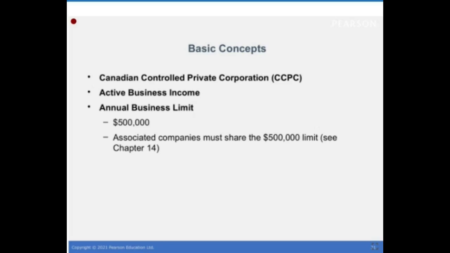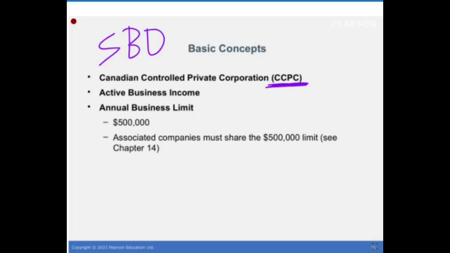So what are some of the basic concepts around qualifying for the small business deduction? First of all, this is only available to CCPCs. If you're looking at a question and it tells you that the company you're dealing with is a publicly traded company, you will not calculate a small business deduction.